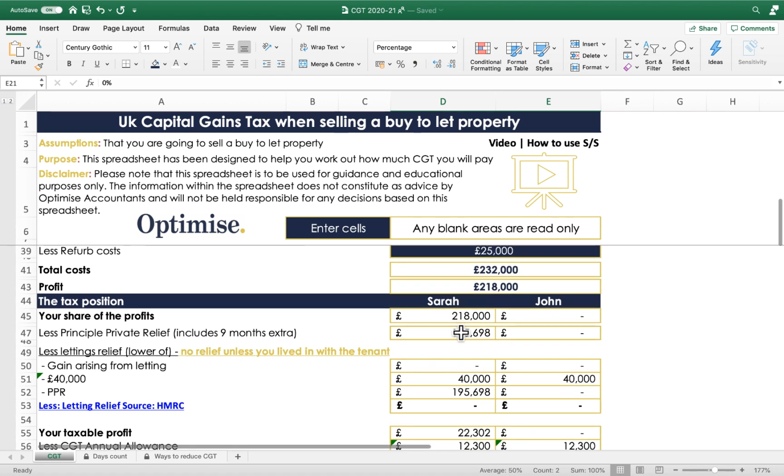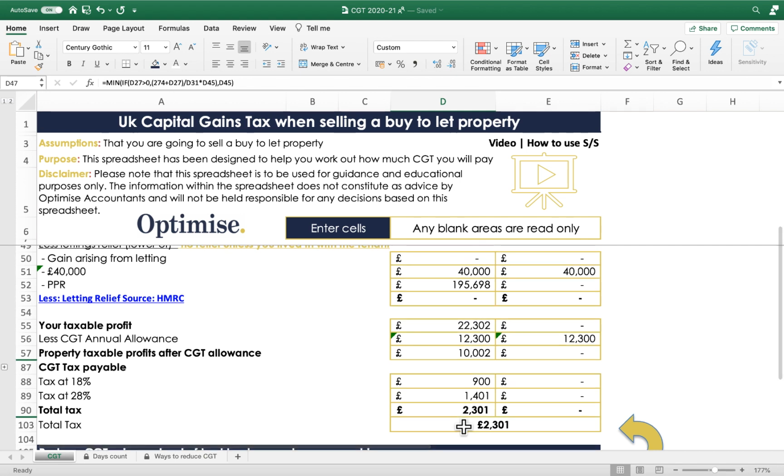So one thing you should see is that we get less private residence relief of £195,000 for the time that Sarah lived in the property. And don't forget, you'd get this extra 9 months PRR as well. This spreadsheet does that calculation for you, so you don't need to. Now, what it does mean, though, is that the taxable profit is now 22,000 less the CGT allowance of 12,300, which gives a property taxable gain of £10,000, which would be subject to a basic rate tax band because you have earnings up to £50,000.